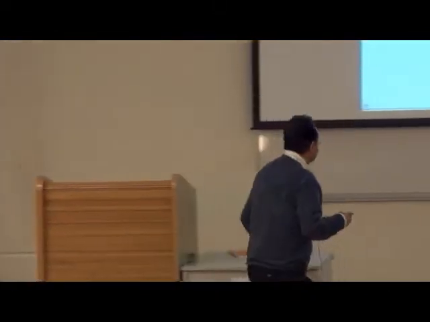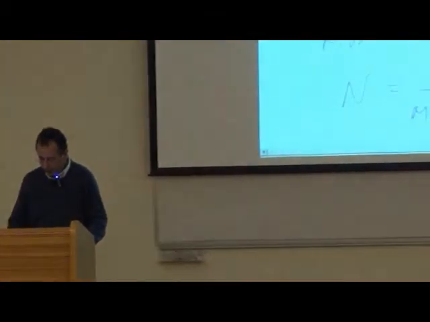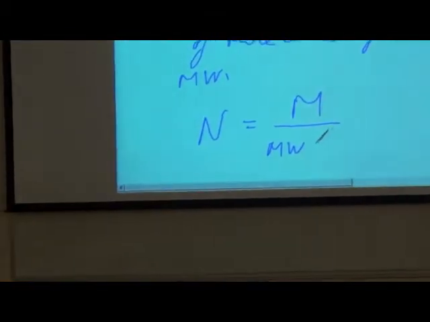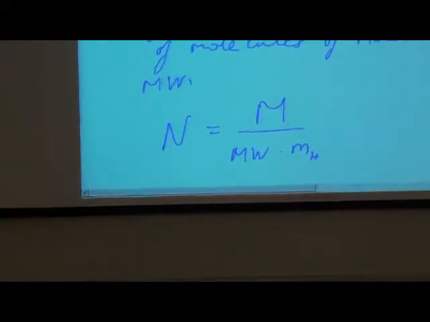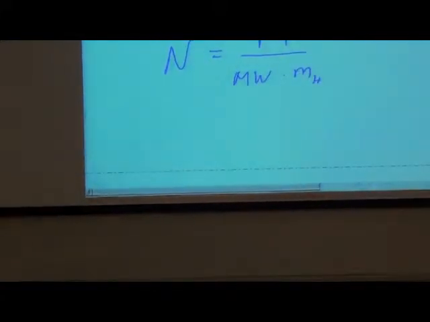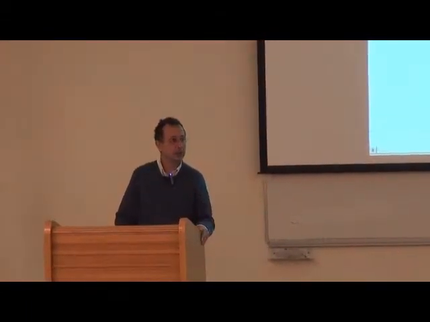How much is it? It will be some multiple of the mass of the hydrogen atom. The hydrogen atom is the smallest atom. It's just one proton and one electron, as we now know.